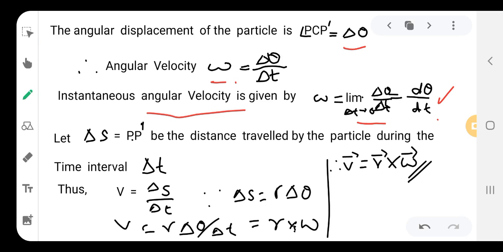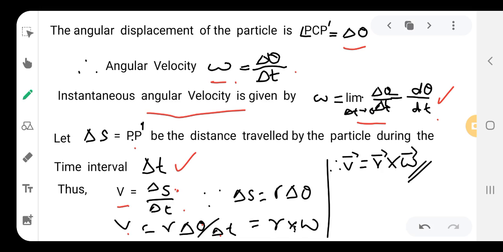Then let us take the displacement. Delta s is equal to PP', the distance traveled by the particle in a time interval delta t. So linear velocity is given by displacement by time taken, that is delta s by delta t. So v is equal to delta s by delta t, where delta s is r into delta theta in this circle. So v is r into delta theta by delta t, and delta theta by delta t is nothing but omega.